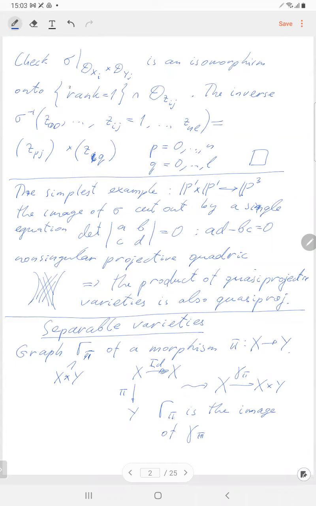somehow express the graph of any morphism from some basic one. So let's go to the next page, and if we take the identity morphism from Y to Y, then its graph is just the diagonal.